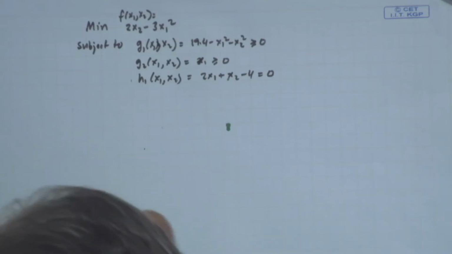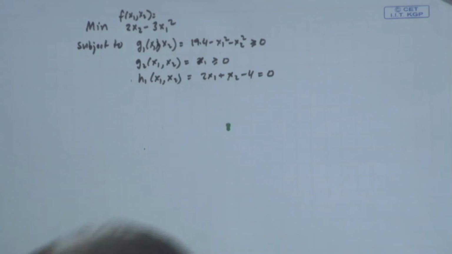First point, we are able to calculate the U and V vectors. So that means what? That means it's a KKT point.